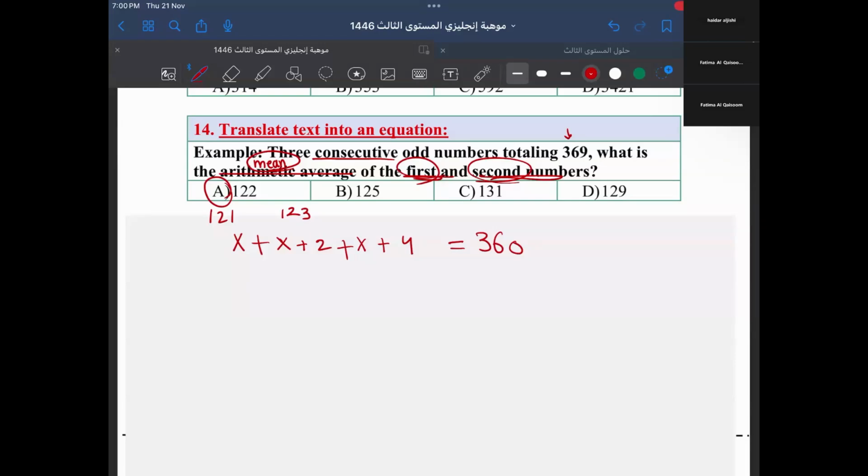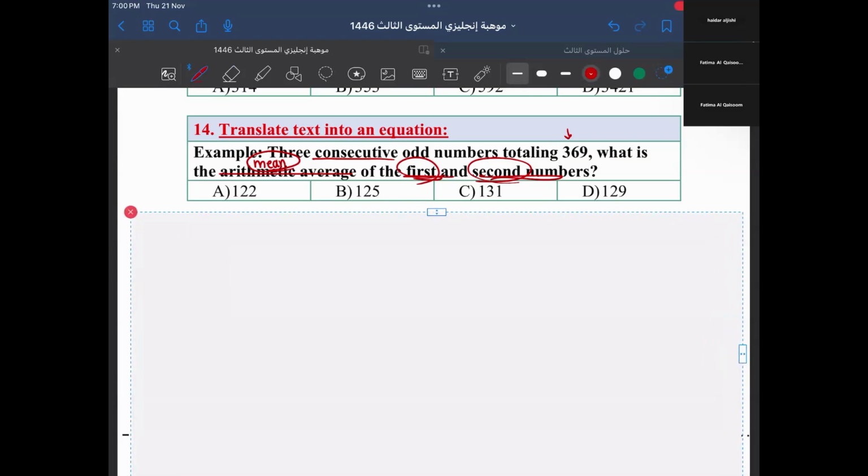The first number, I'm going to assume it is x. The next one will be x plus 2, because it's the odd number following it. Plus the third number here is x plus 4. And all of them totaling 369.